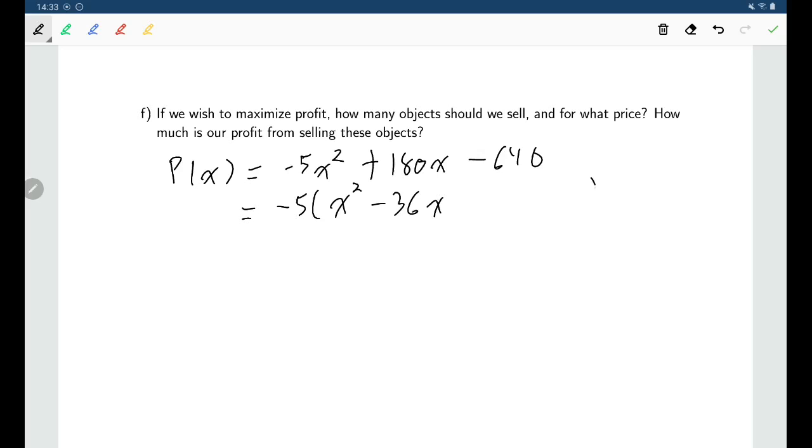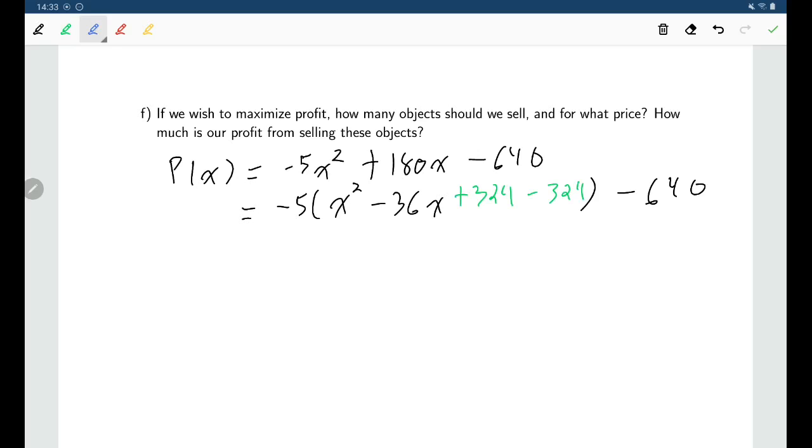So out of the first two terms, I've factored out the negative 5. And as far as the amount that gets added, half of negative 36 is negative 18. And negative 18 squared is 324. So 324 is the amount being added and then subtracted.